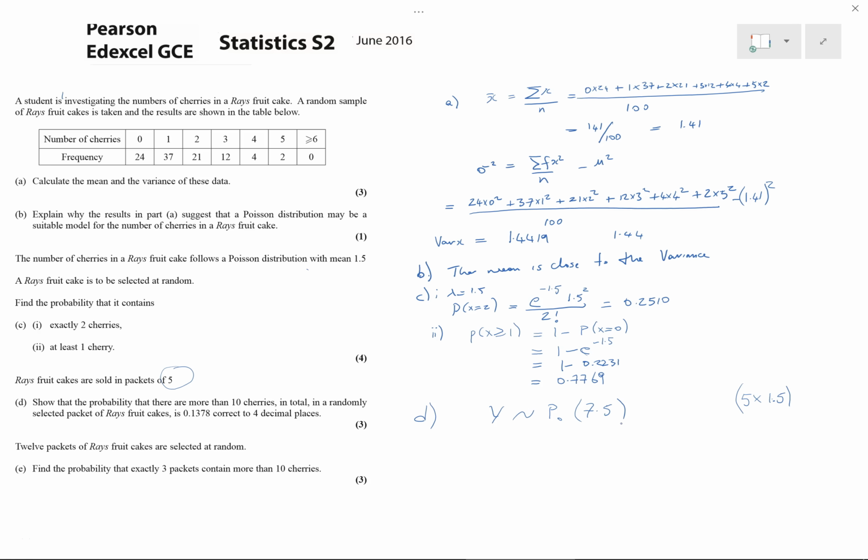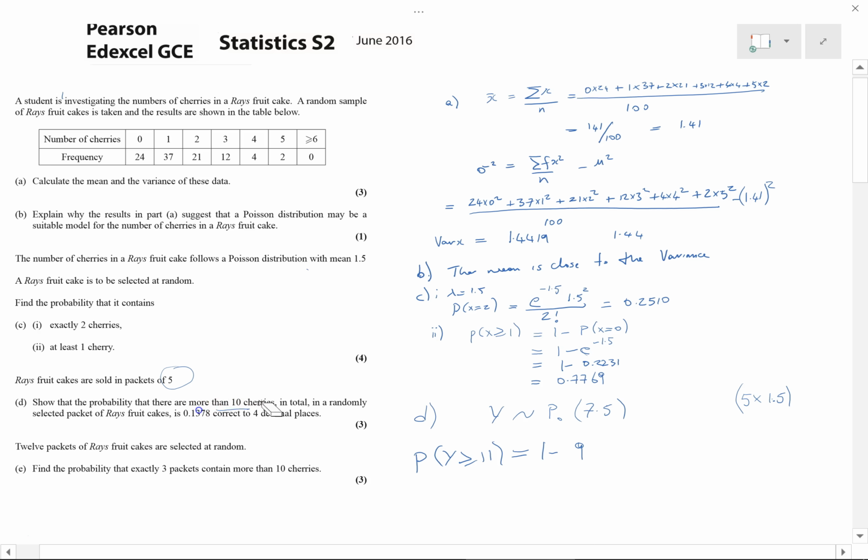So now we can say the probability that y is greater than or equal to 11 equals 1 minus the probability that y, because it talks about more than 10 cherries. So that means it can be 11 or more, but not 10.